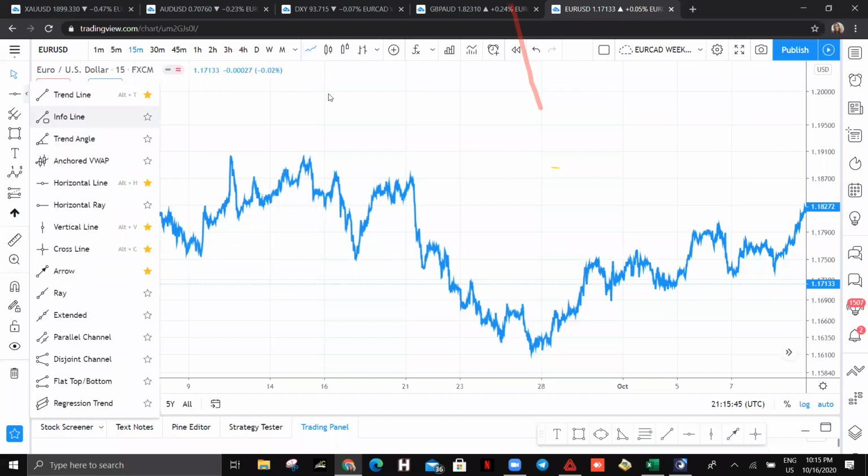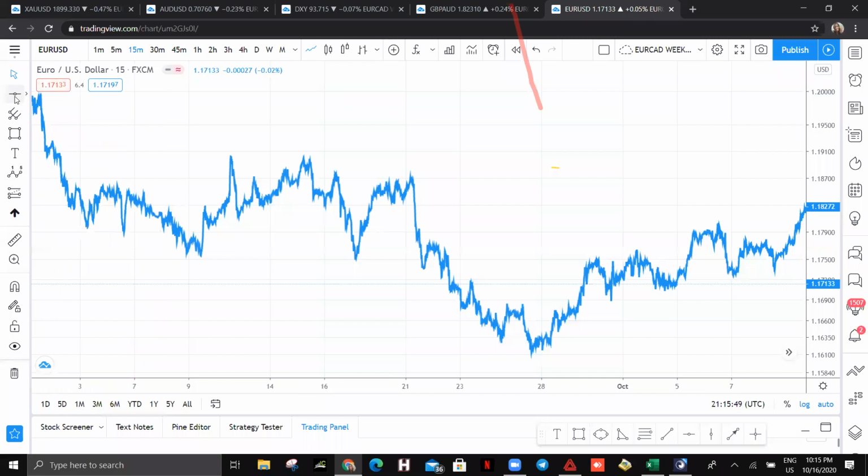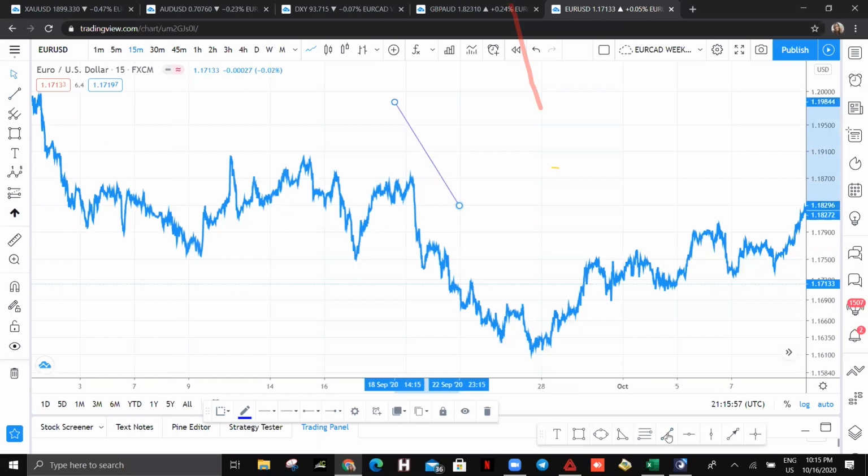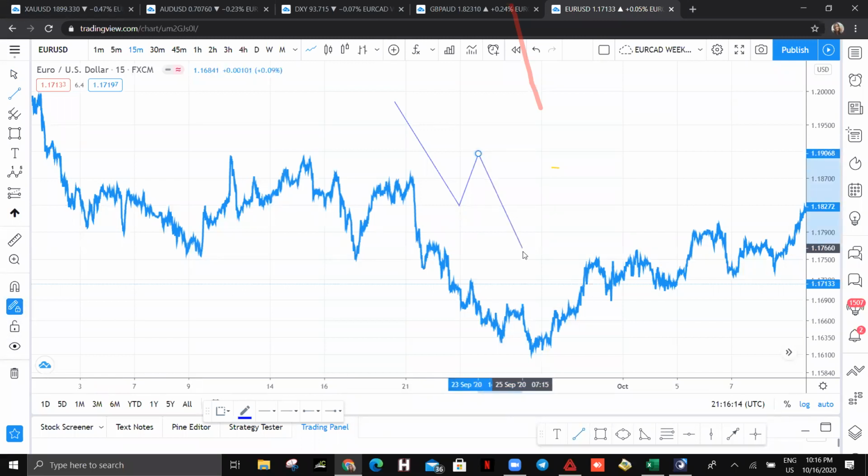Okay. For a downtrend. Excuse me. Let me draw it first. Break. This is a downtrend. I'm doing a downtrend now. Okay. This for a downtrend though.